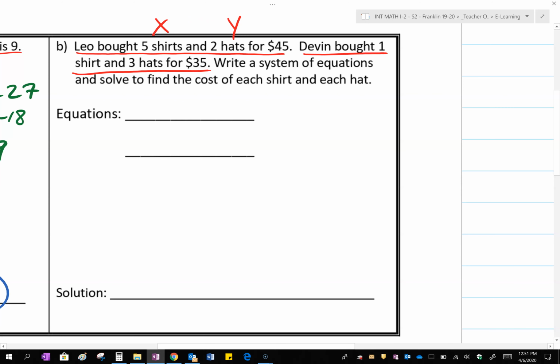So 5 shirts and 2 hats: 5x plus 2y equals $45. Now Devin bought 1 shirt, so 1x plus 3 hats, so 3y equals $35.